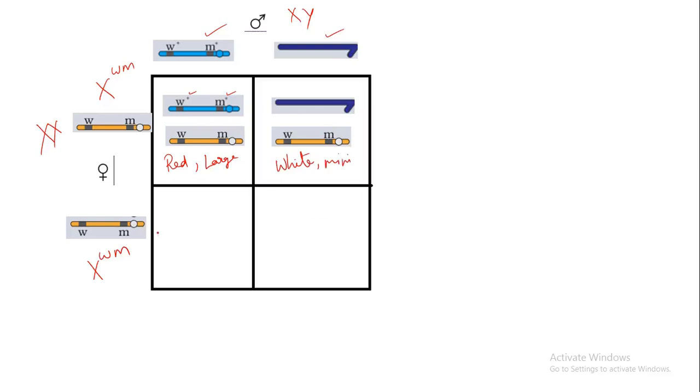Okay, small wing. And next, once again you are going to have the wild type phenotype, dominant, so it is going to be red color eye, and it's going to have large wing.